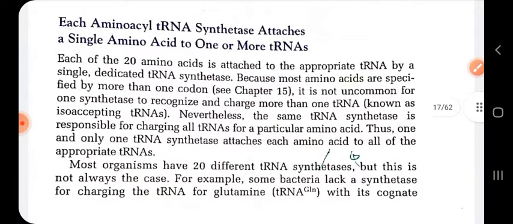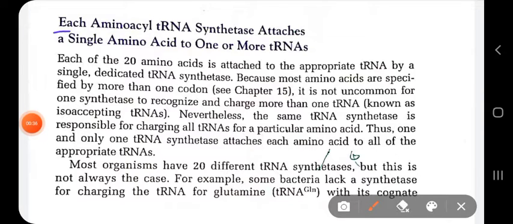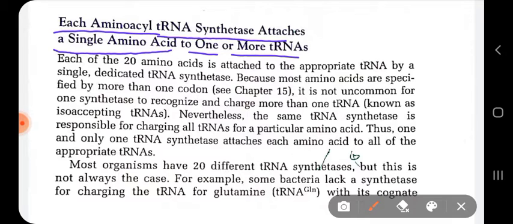It is saying that each amino acyl tRNA synthetase attaches a single amino acid to one or more tRNA. Each of the 20 amino acids is attached to the appropriate tRNA by a single dedicated tRNA synthetase.